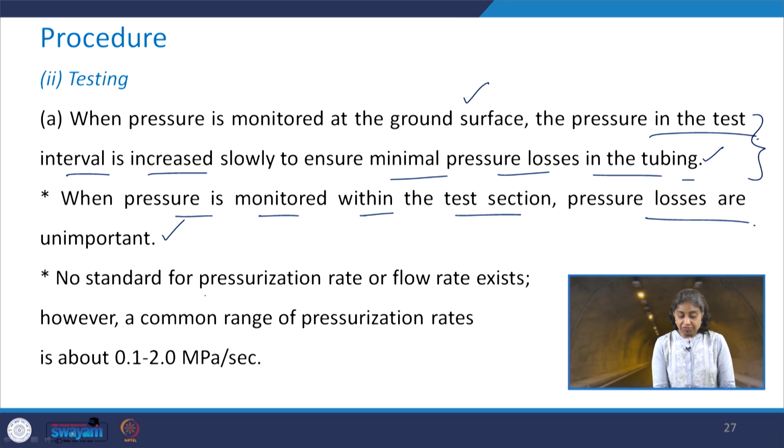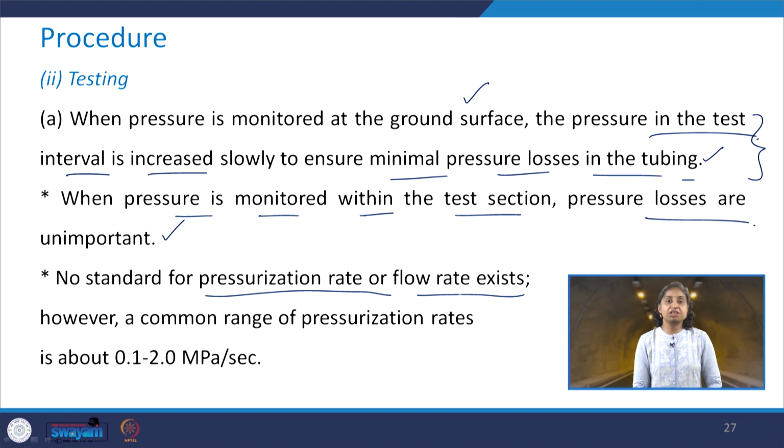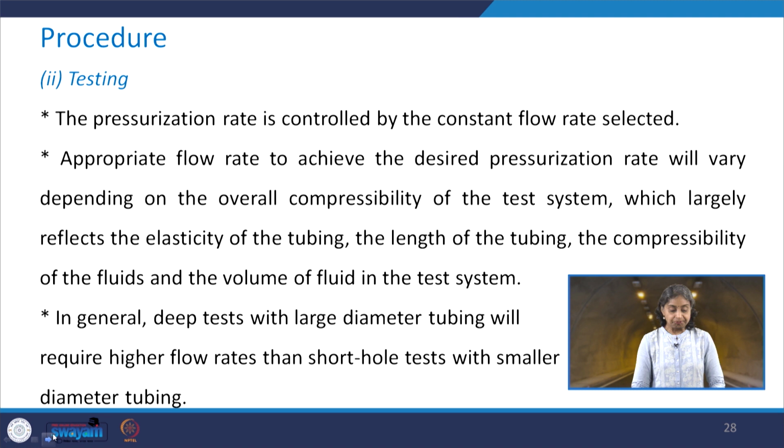No standard for pressurization rate or flow rate exists. However, the common range of this rate is about 0.1 to 2 megapascal per second. The pressurization rate is controlled by the constant flow rate which is selected.